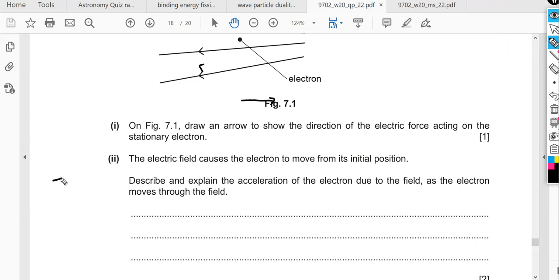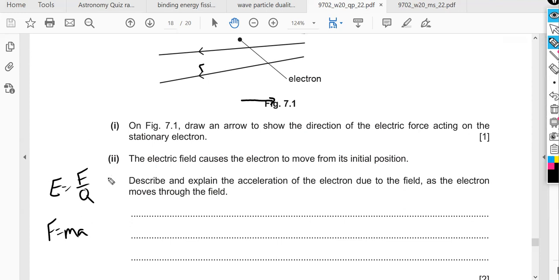All right, so an electric field is the force per charge. And so as it's experiencing a force to the right, it's going to accelerate. And if it were a uniform electric field, it would just have constant acceleration. But because the field is getting stronger as it moves to the right, it's going to feel a greater force and therefore accelerate more.